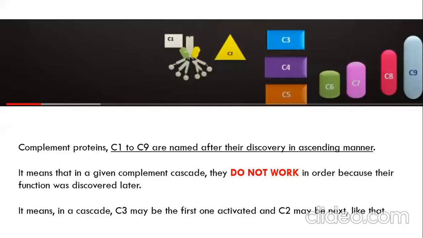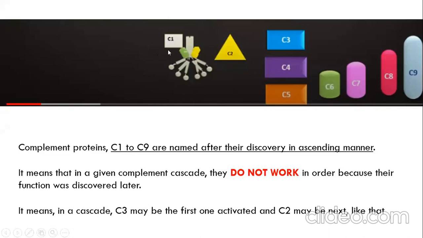And one more important thing you need to remember is that they are termed C1 to C9 based on their discovery, in ascending order. So initially, let's say in the 1980s, C1 was discovered. By sometime in 2000, C9 was discovered. But the mechanism we are seeing in the complement pathways, no one understood clearly from the starting C1.